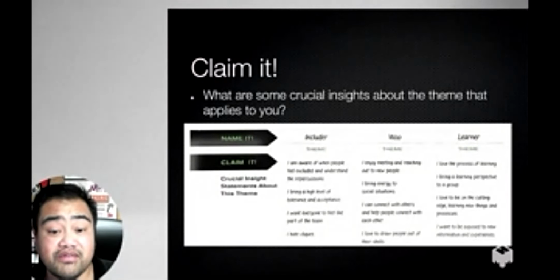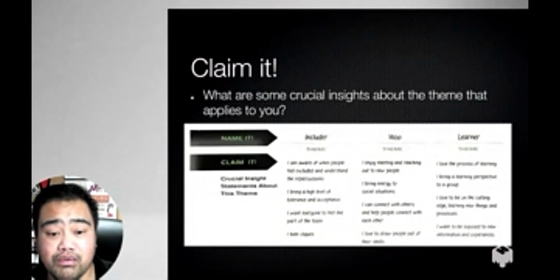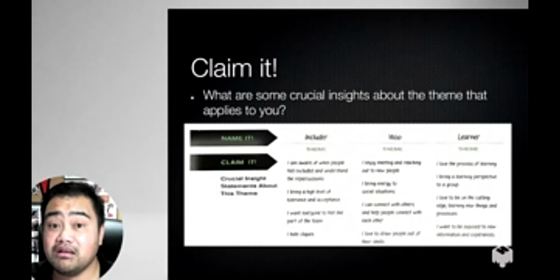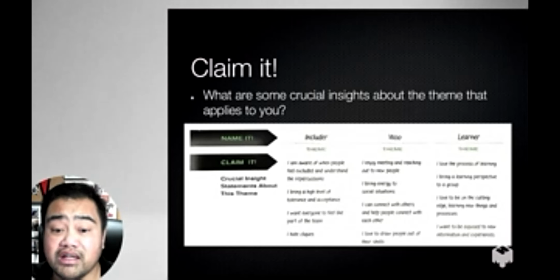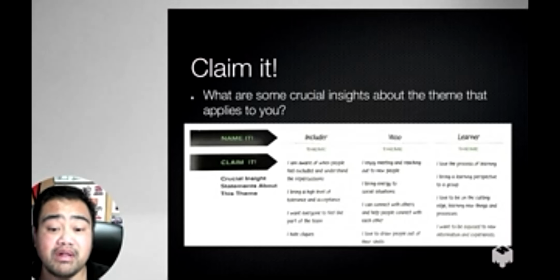And the way this individual claimed it would be under woo, and if you can't read it, the person is claiming that they recognize and appreciate having that woo quality when they enjoy meeting people and reaching out to new people.